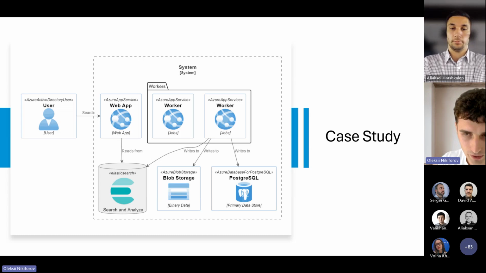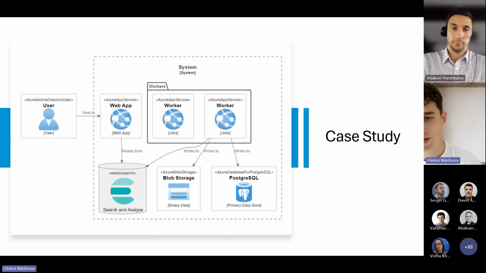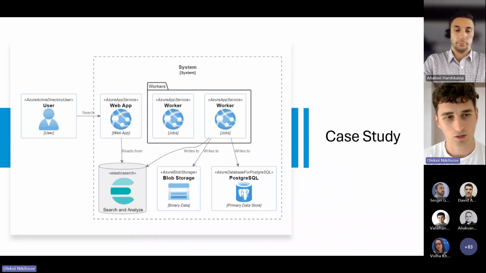And also we have dependencies like Elasticsearch to store the index for search, blob storage to store assets, images, and other binary files. And we also use Postgres as a primary data source to store metadata used for indexing. So as you can see, it already has a lot of dependencies.